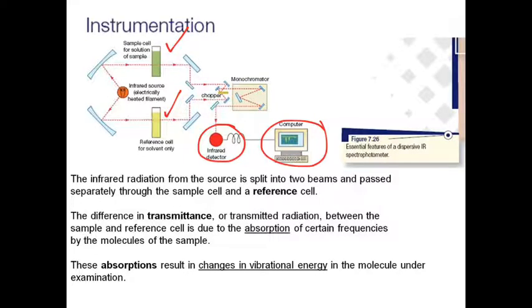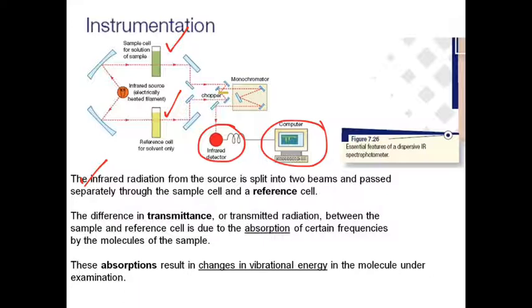The chopper basically means that you're continuously swapping from one signal to the other, so the detector is going sample signal, reference signal, sample signal, reference signal, and so on. That's how you measure what the actual absorption is of the sample. The infrared radiation from the source is split into two beams and passed separately through the sample cell and the reference cell.